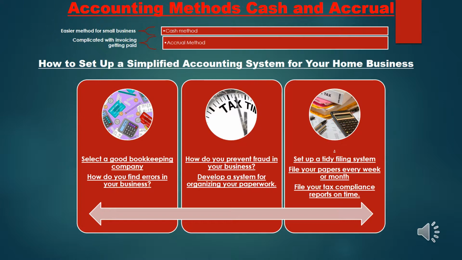For example, if you are closing your books by 31st December, and you made a purchase or sale before 31st December, but you have not paid or received the cash, it still has to be accounted for within that financial year. You cannot wait till you get paid. This is called payables and receivables, which have to be taken into account. So a lot of invoicing is involved, and payment of invoices is also involved.